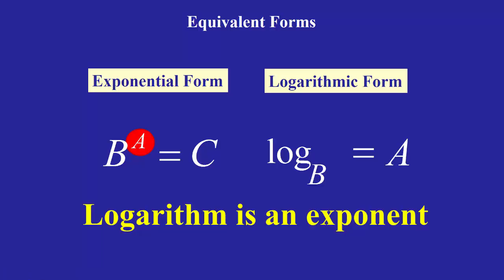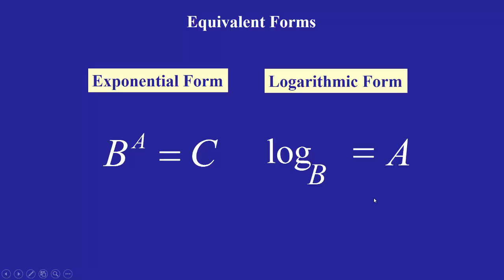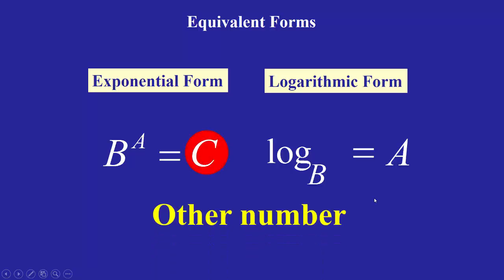There's the A. Now, by the process of elimination, if the B goes down at the bottom of the G and the A goes on the other side of the equals, where does the C have to go? It has to go out to the side of the LOG. You need to be able to transform an exponential equation into a logarithmic one and vice versa.